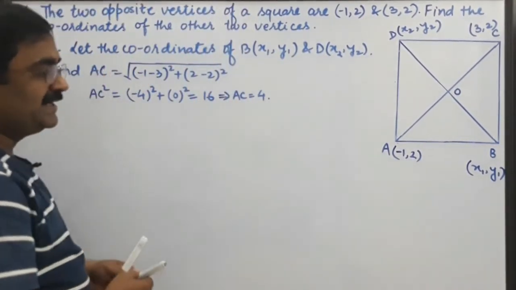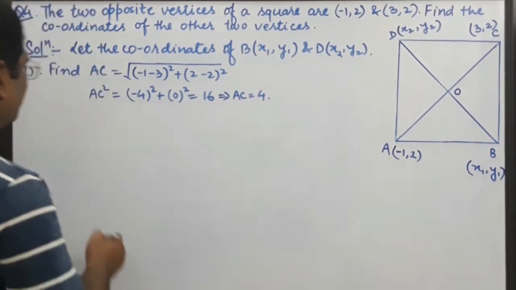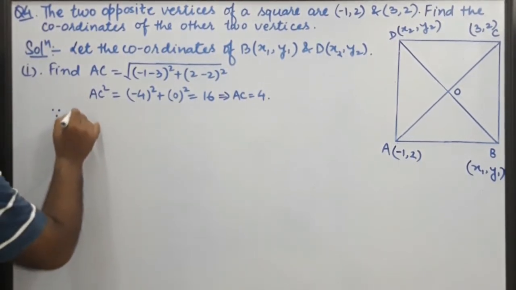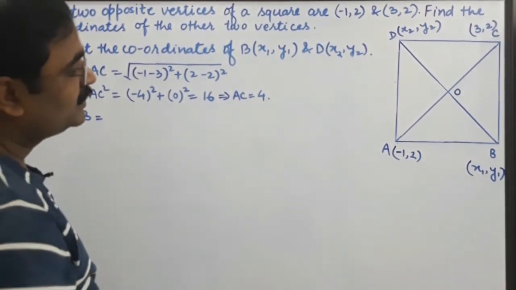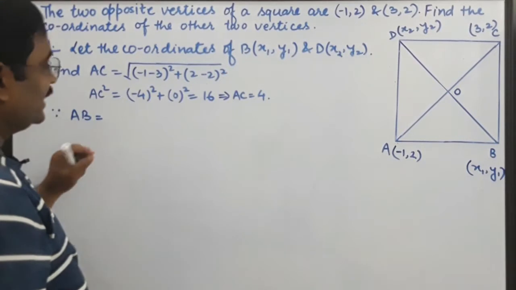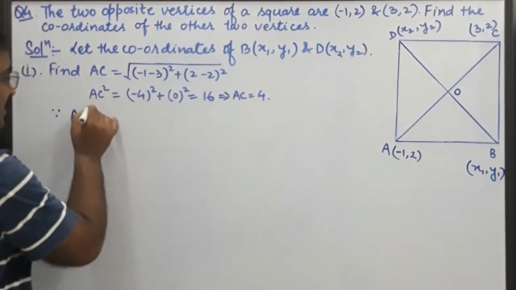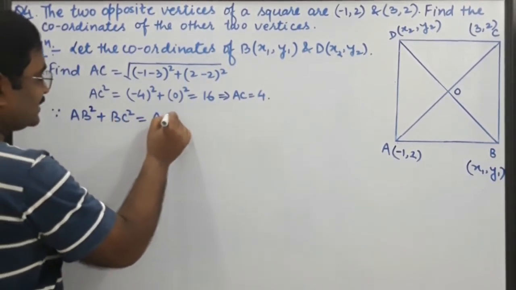As you know AC equals 4 units, by using the Pythagoras theorem we need to find the side AB of this square. AB square plus BC square equals AC square.